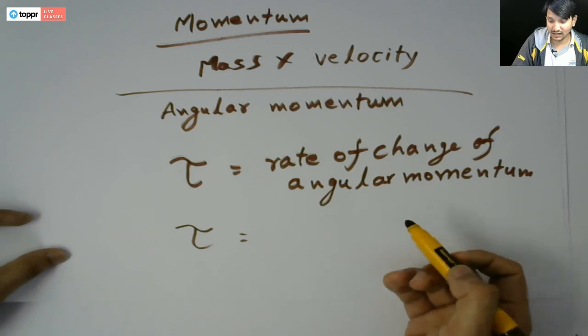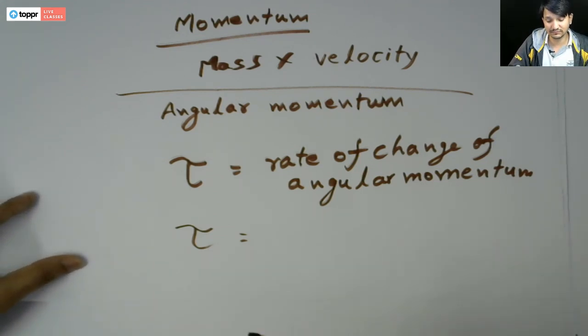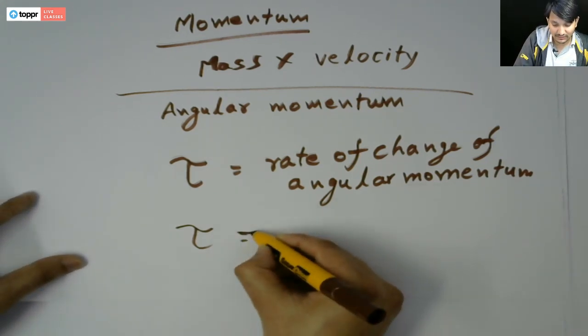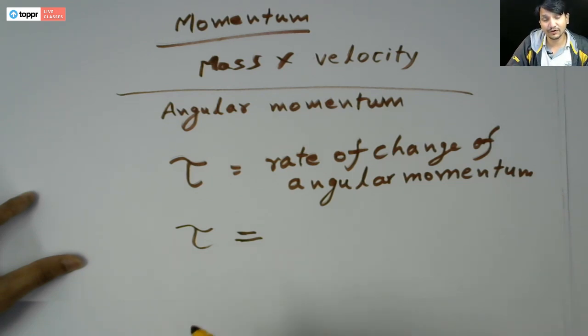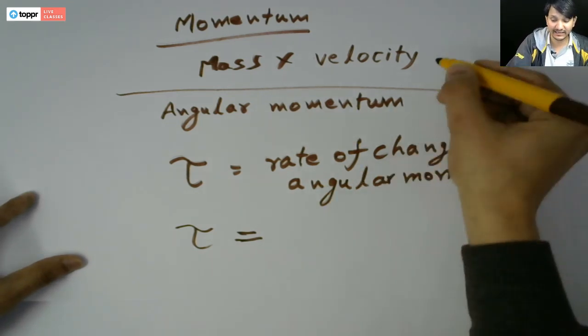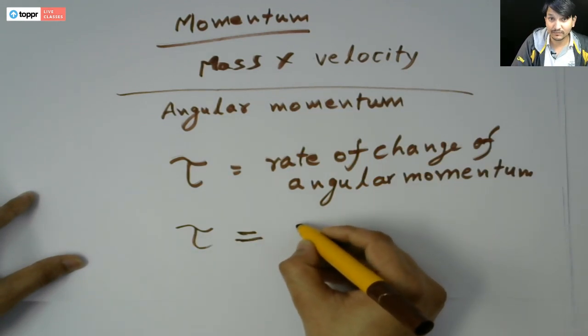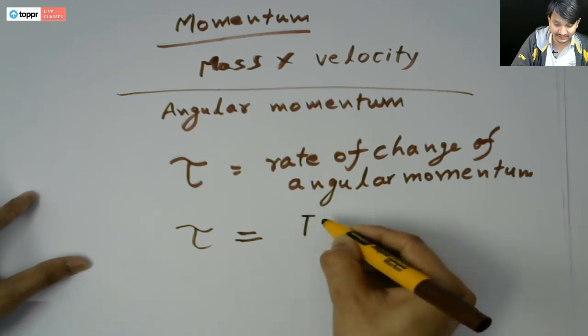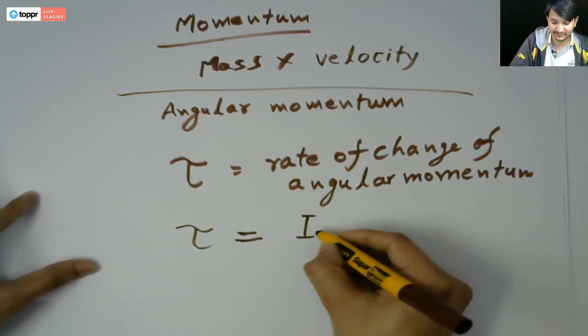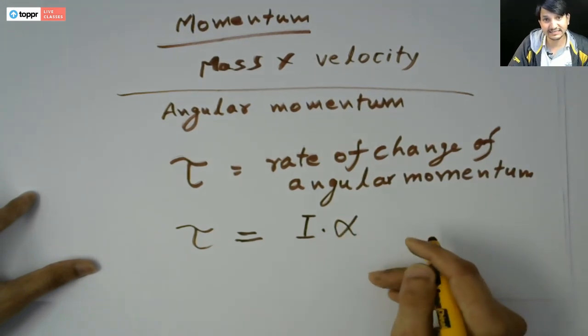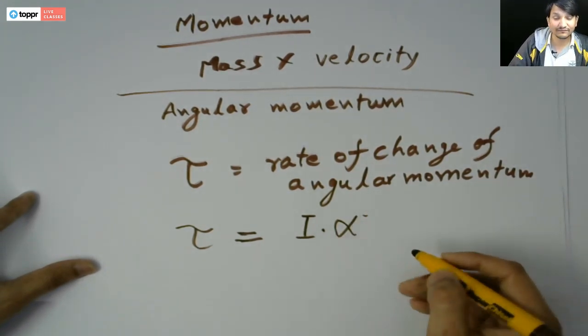And how does this further get formed into an equation? Just like F equals ma, tau is equal to mass, the equivalent of mass in rotational mechanics, which is I, that is moment of inertia, into alpha. And what is alpha? Alpha is angular acceleration.